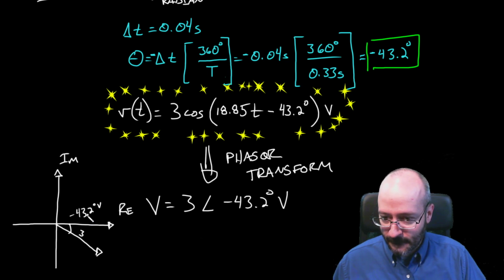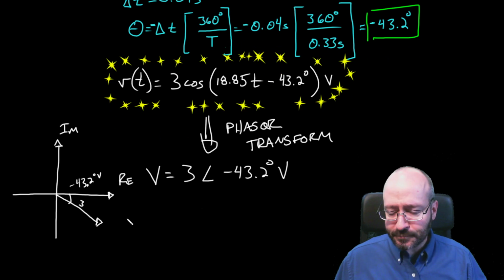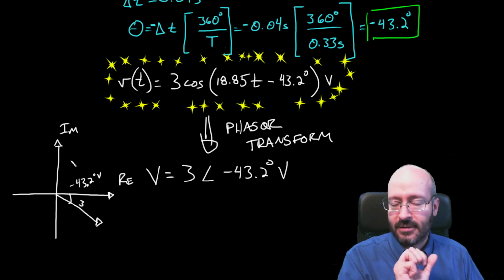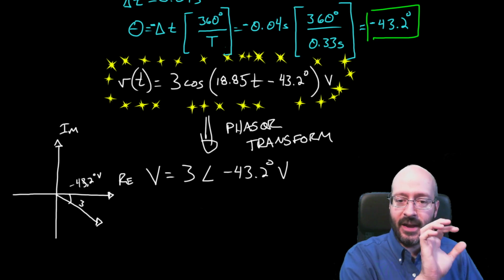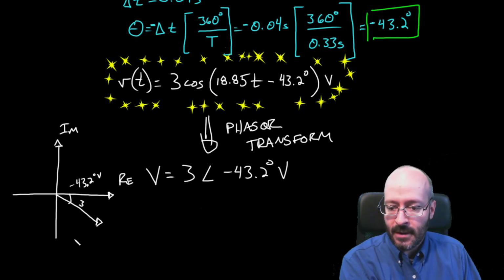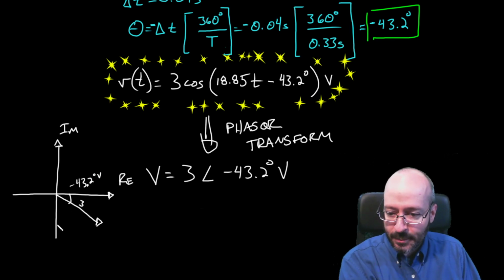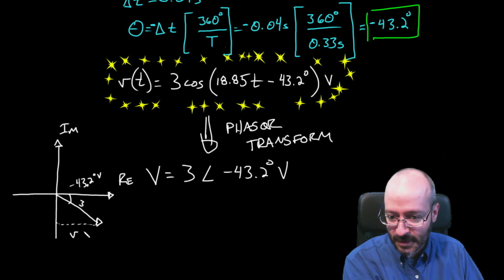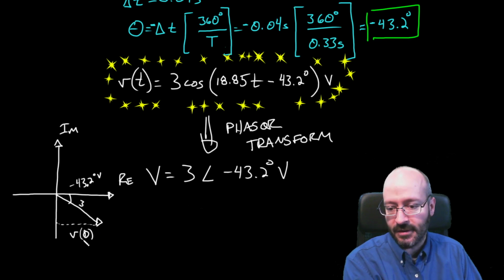What we're interested in is what's happened. Well, what this depicts is a snapshot at t equals 0 seconds. And what we can see on the plot easily is this distance. So to my eye, it looks like it's going to be positive. That distance is going to be v at t equals 0.